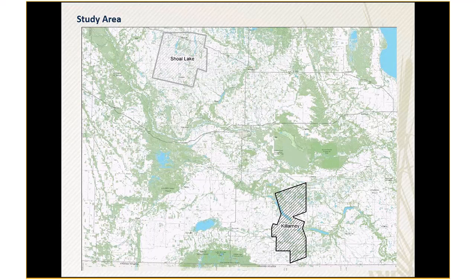So we initially centered our project areas around 2 sites in Manitoba, Shoal Lake and Killarney. We found out early on that the mapping, the definition of the wetland feature that was done in that data, was quite different than the delineation techniques and characterization of the CWI.